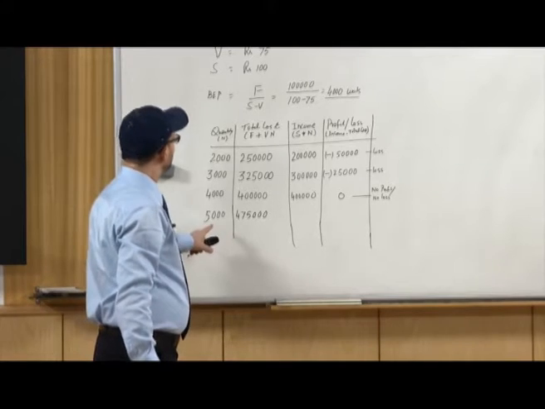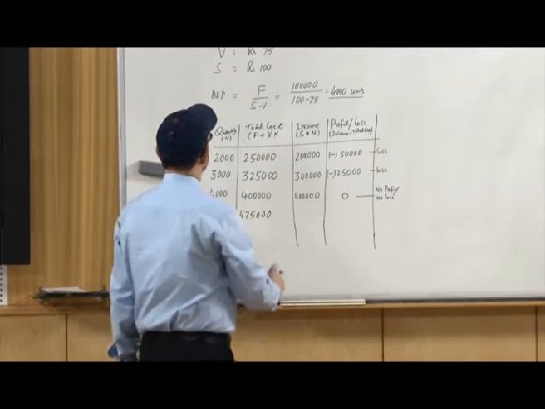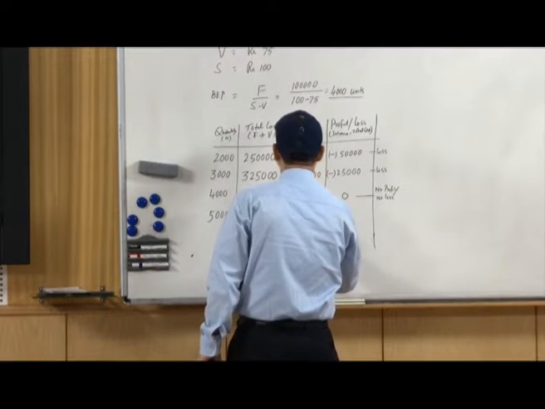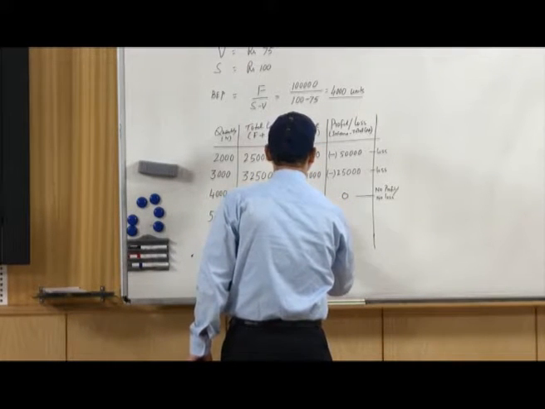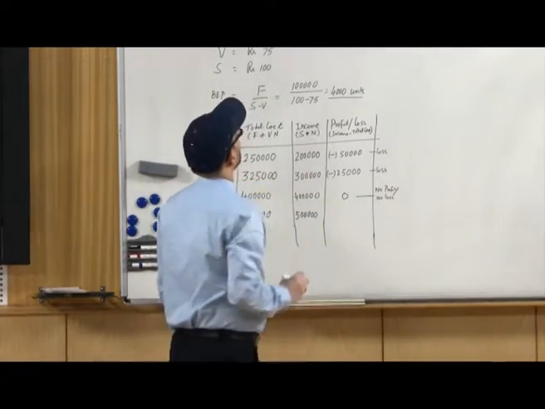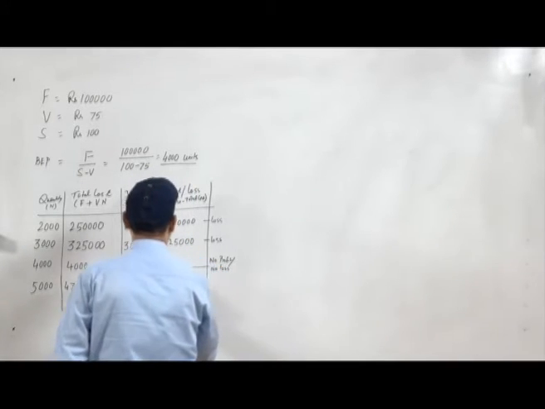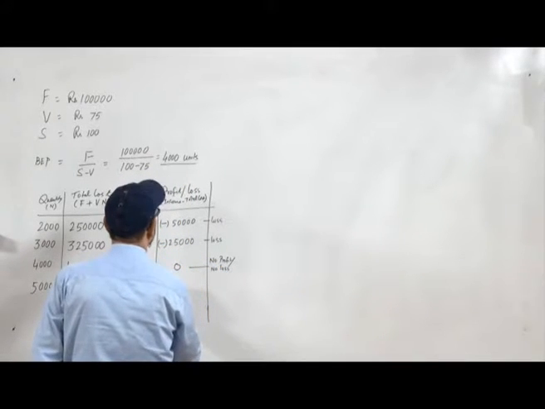The income will be 5,000 multiplied by 100, it is 5 lakh. So, now the difference of 5 lakh and 4,75,000 will be coming as 25,000.